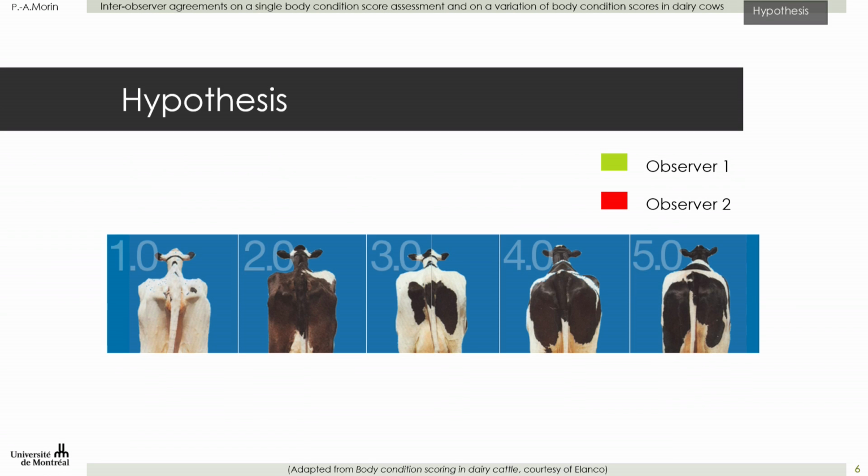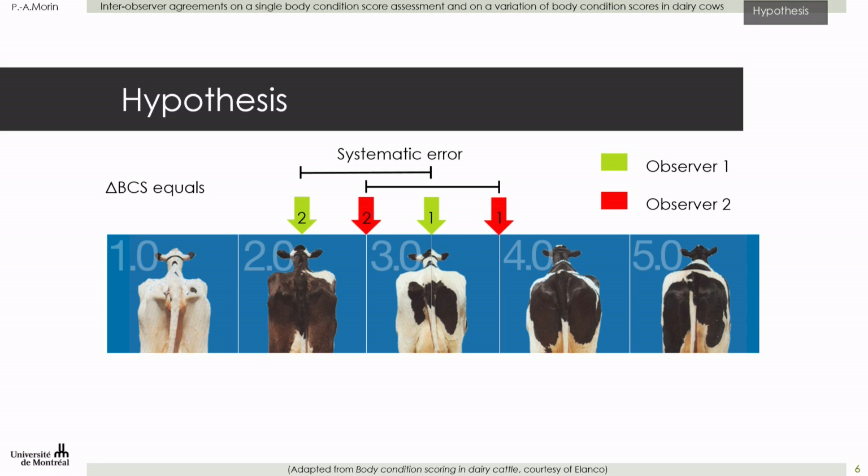Just to illustrate that, in the situation where a given observer will systematically overestimate by 0.5 point compared to a second observer, then the difference of the measures taken at two different times will be zero. The agreement will be perfect. Here you have the two observers, and on the arrow you have the assessment taken at different times, maybe 4 weeks apart.